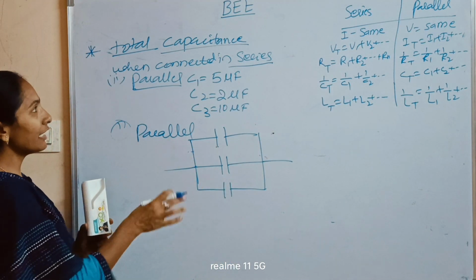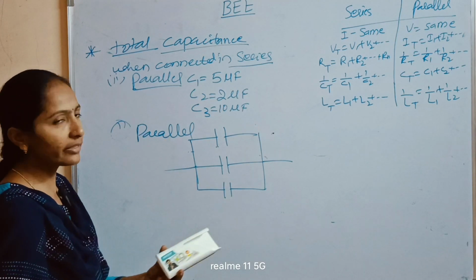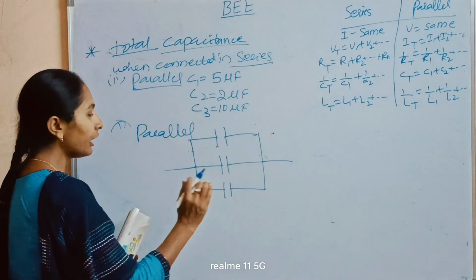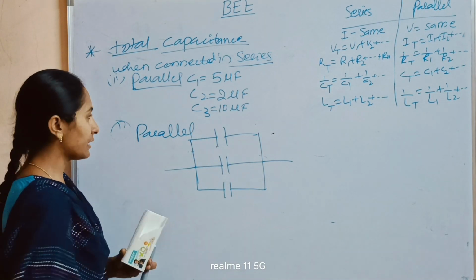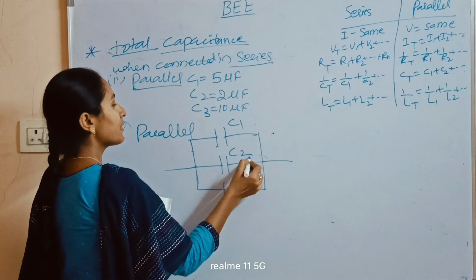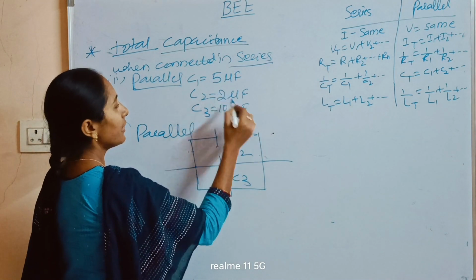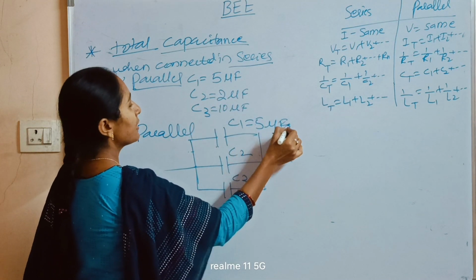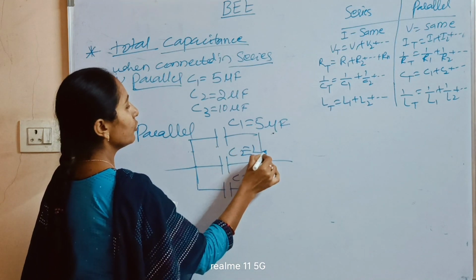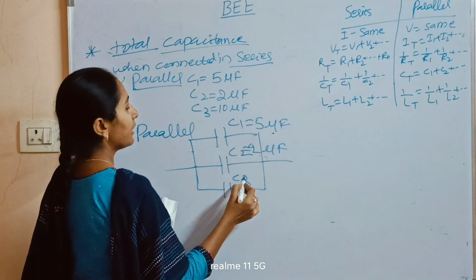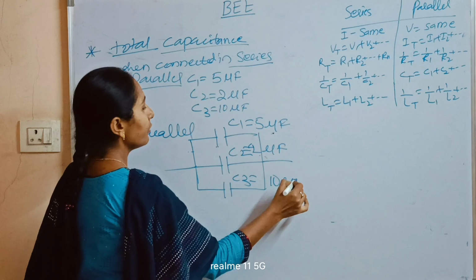He didn't give any supply, so just consider only the parallel combination of capacitors. C1 is 5 microfarad, C2 is 2 microfarad, C3 is 10 microfarad.